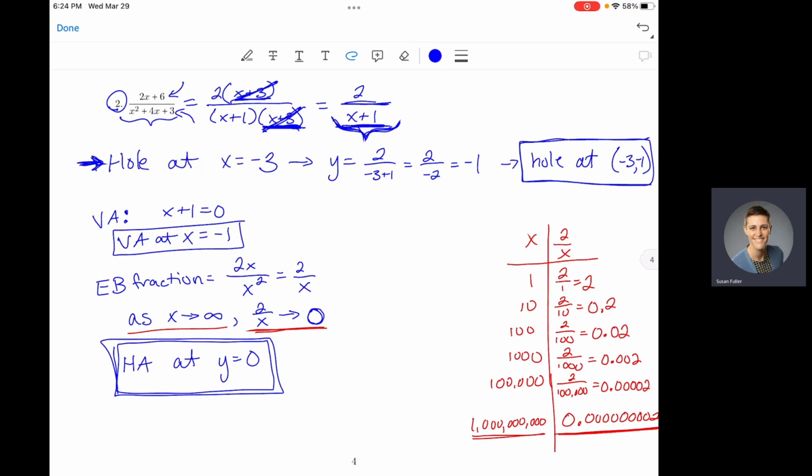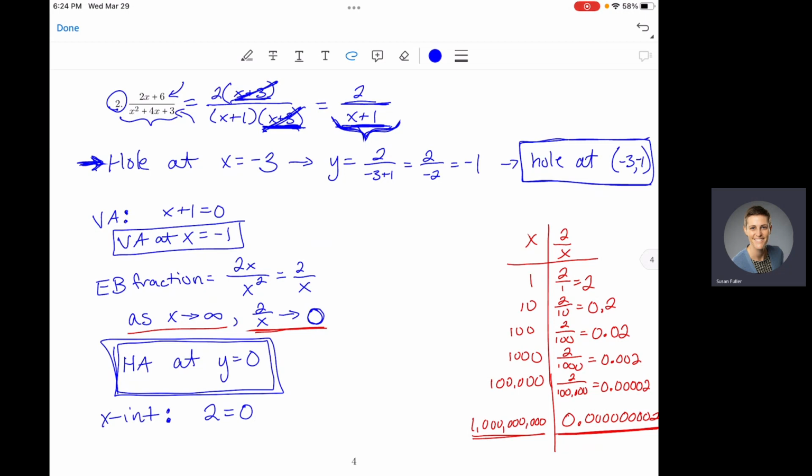Last thing I want to find is our x-intercepts. The x-intercepts come from any factors on the top that don't cancel. So here we have a 2 left on top. So what you would do is take your numerator, set it equal to 0, and solve for x, and that would tell you where your x-intercepts are.